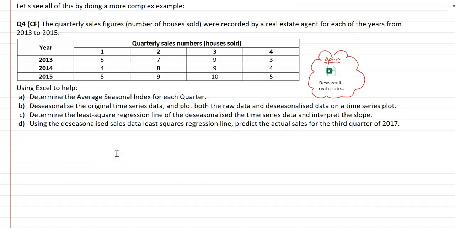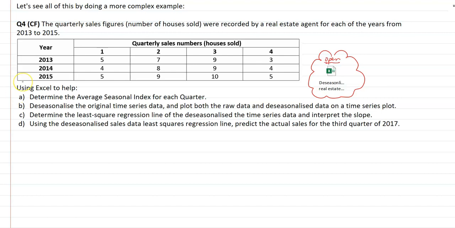All right, so that's enough of talking about it. Let's actually do it so you can see how all this works. Question 4 here is a complex familiar question. We've got quarterly sales figures of the number of houses sold by a real estate agent for each of the years from 2013 to 2015. So to start off, you've got 3 seasons' worth of data, and each of the seasons is broken up into quarters.